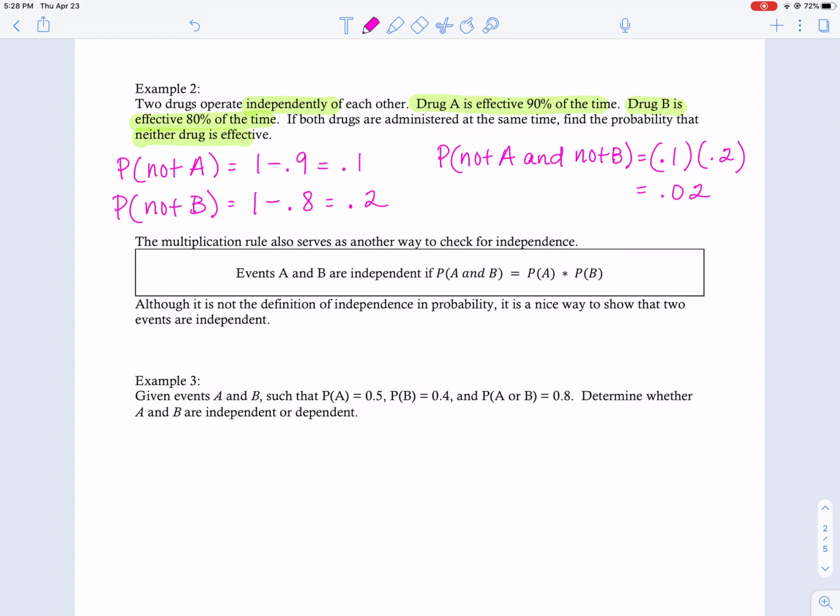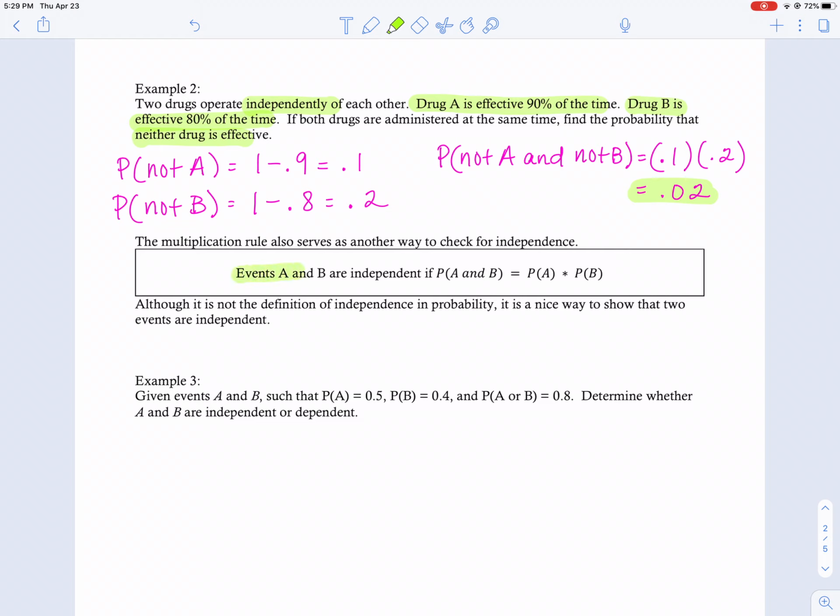That should be your answer. Your probability that neither one is effective, that's just working with complement. Okay? Okay. So your multiplication rule also serves as another way to check independence, okay, which is really nice.